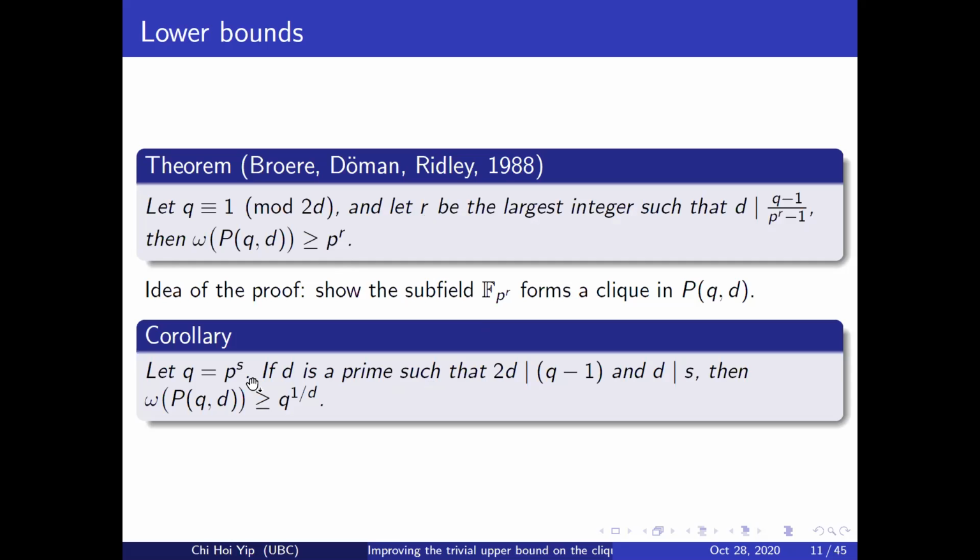If q is p^s and D is a prime such that 2D divides q-1 and also D divides s, then we can show that the clique number is at least q^(1/D). Again, the proof is that we can consider this subfield F_{q^(1/D)}, and we show that this is indeed a subfield of F_q, and we show that this forms a clique. So this is the lower bound.